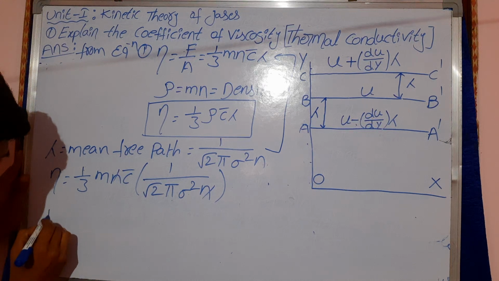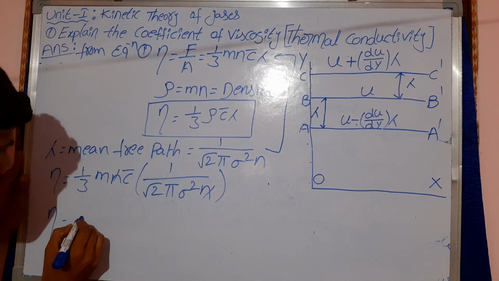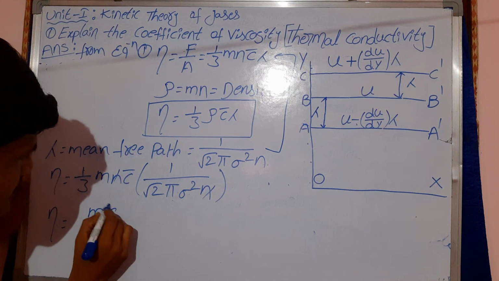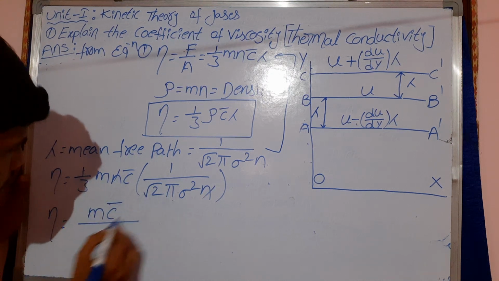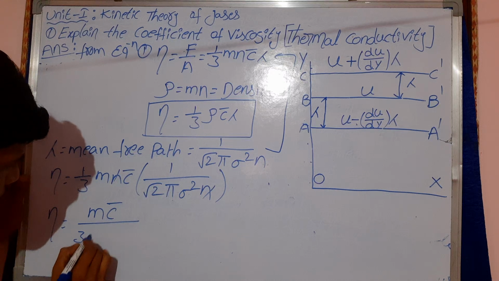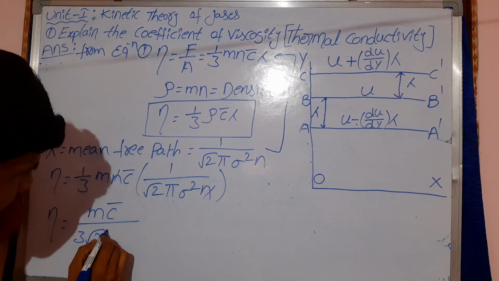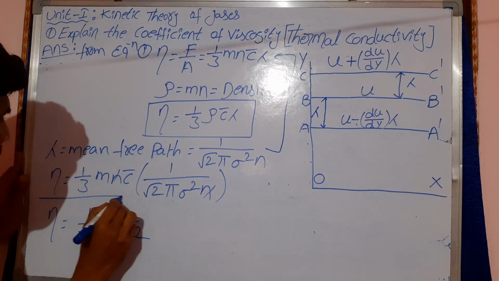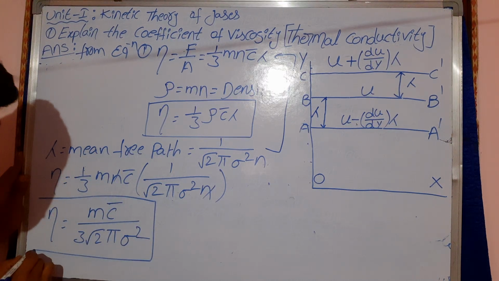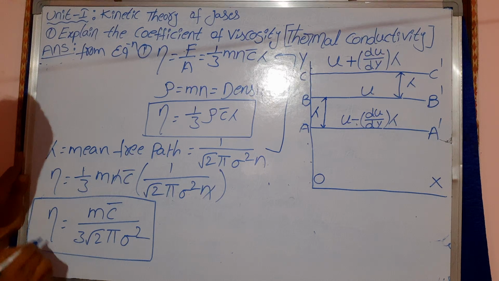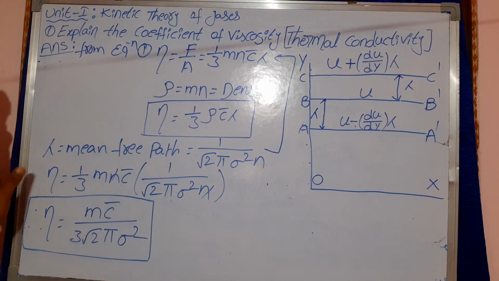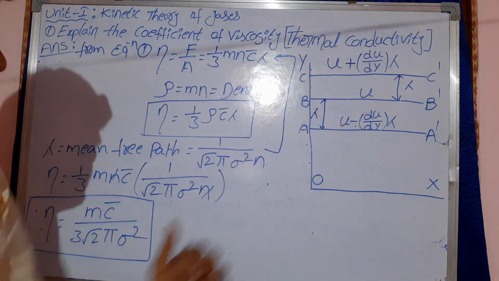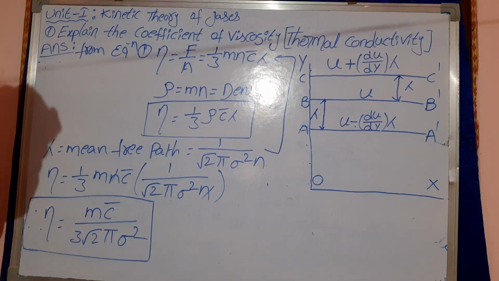Remaining equation: eta equals m c bar by 3 root 2 pi sigma square. This is the equation of the coefficient of viscosity or coefficient of thermal conductivity.